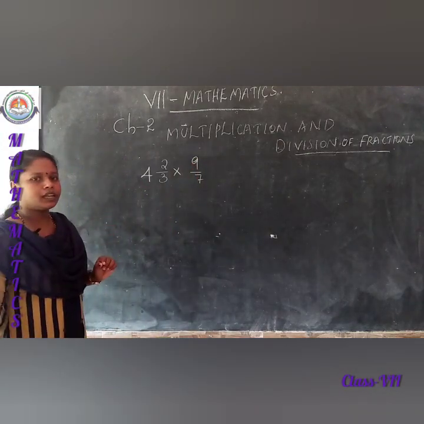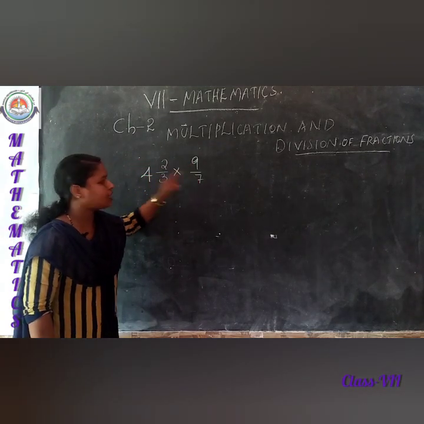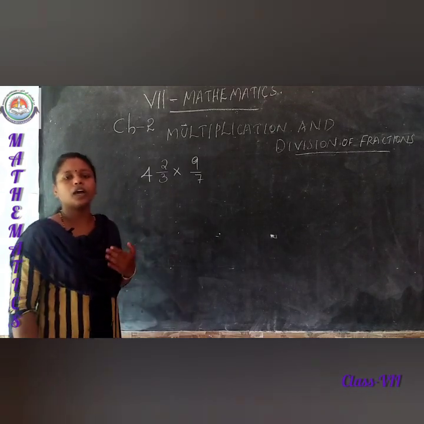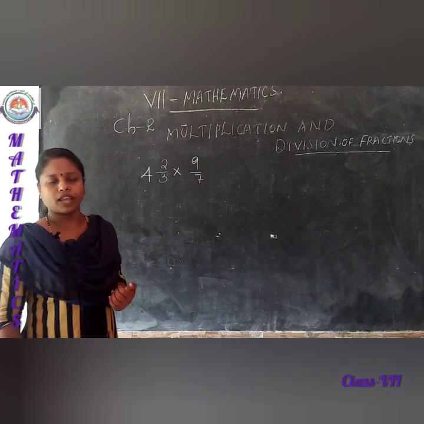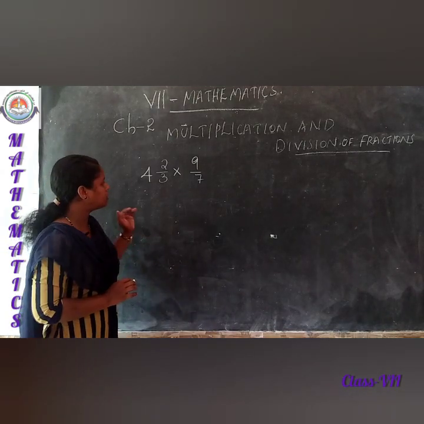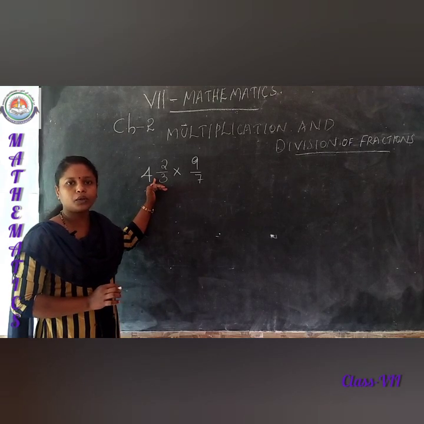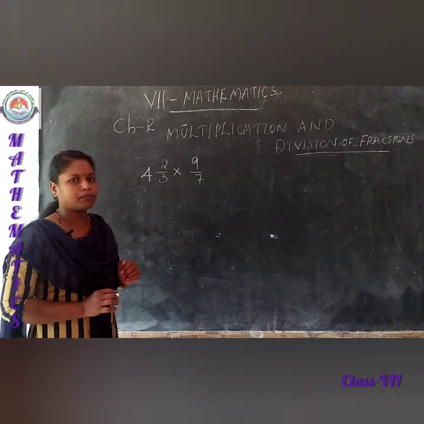And we have studied how to convert a mixed number into an improper fraction. Do you know how to convert? We need to change this mixed number into an improper fraction. How will you change this mixed number?